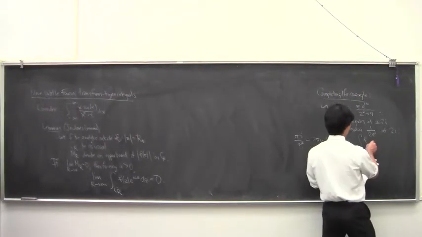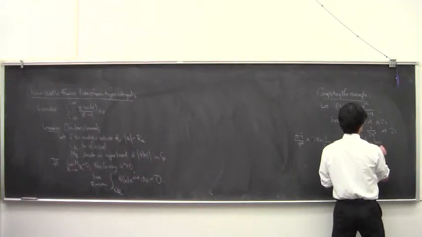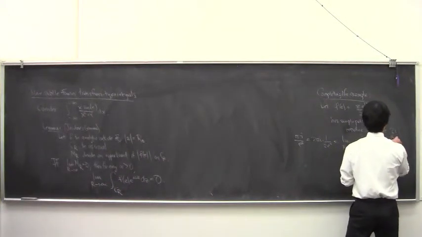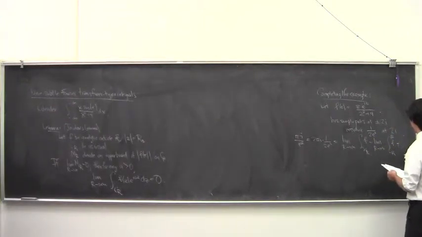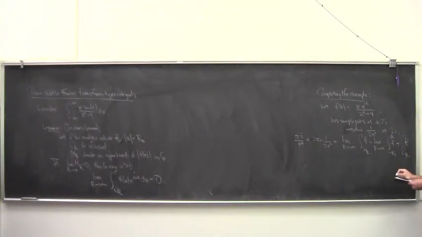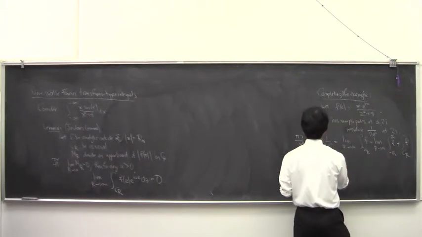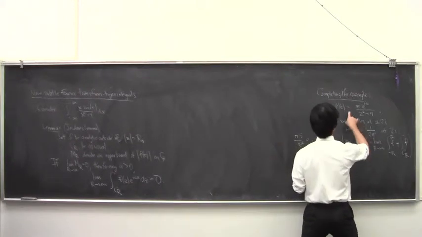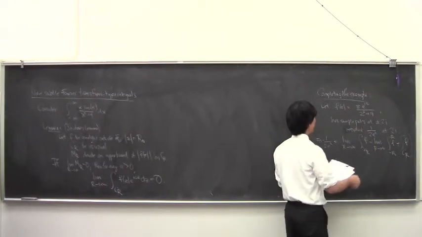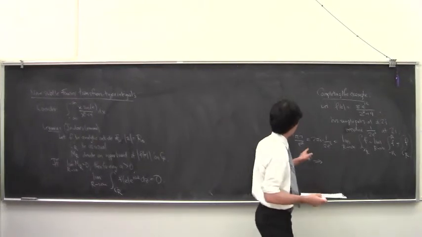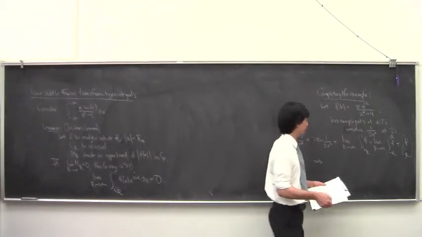As before, which is the limit as R goes to infinity of the integral from negative R to R of f plus the integral of f over C sub R. Right. And then Jordan's lemma will tell us that this limit goes to 0, right? And this thing goes to the integral that we're interested in, right? Not exactly. It will go to the integral whose imaginary part is the integral we're interested in, right?